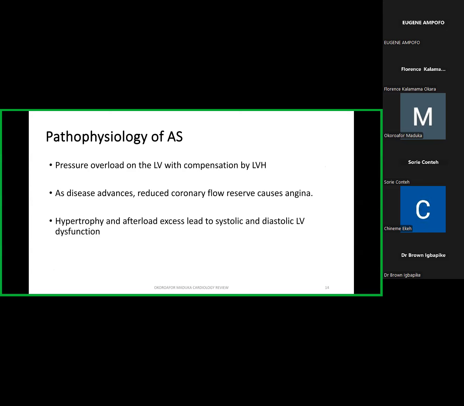So the pathophysiology of aortic stenosis is such that when the aortic valve is stenosed, is narrowed, there is a difficulty ejecting blood from the left ventricle to the aorta. And so there's a pressure gradient that develops.